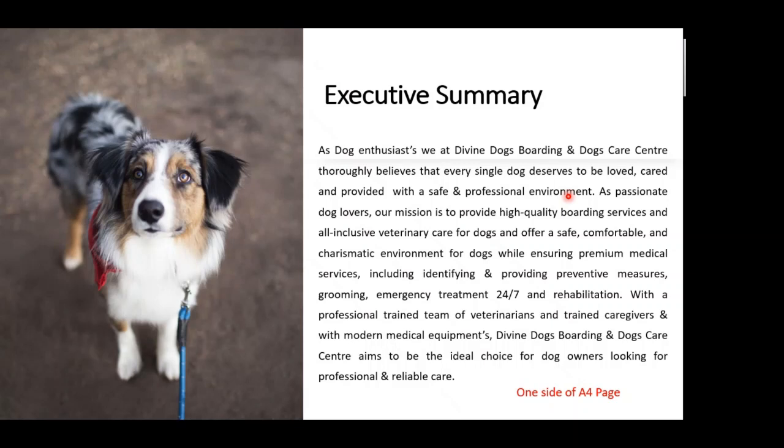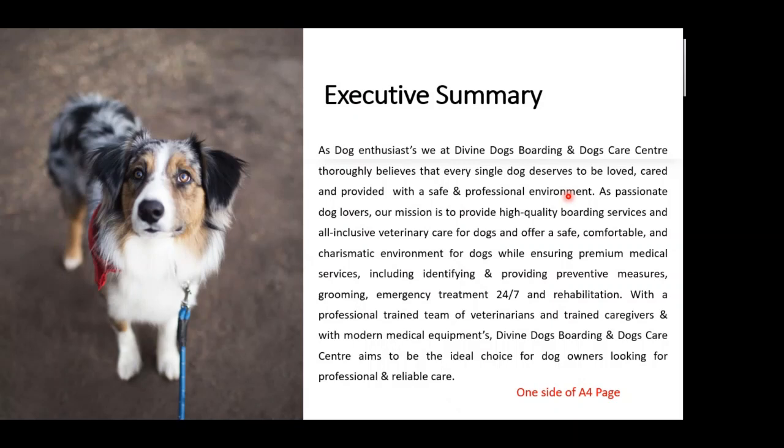This seems like a good business idea. If I invest some money in this business idea, I will also get some return on investment. That feeling should be developed in the mindset of an investor. And that is why your executive summary is so important.